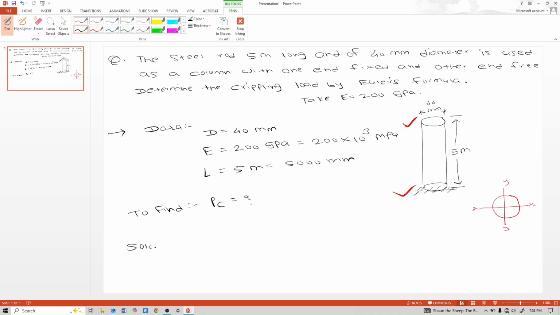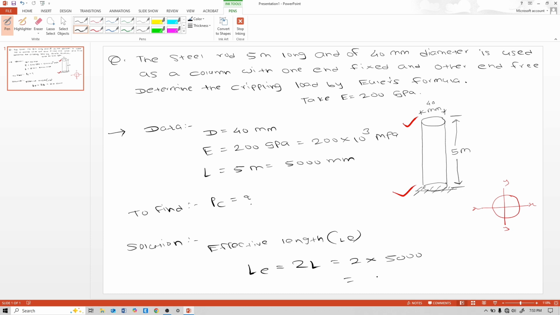Solution. The effective length LE for that column is 2L, that means 2 into L, where L is 5000.